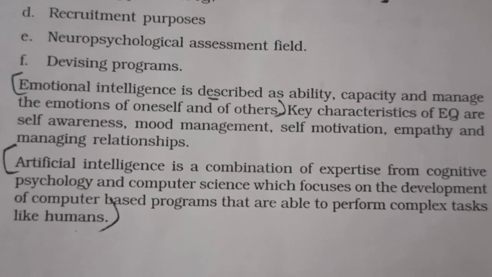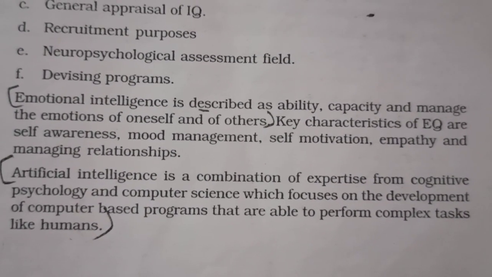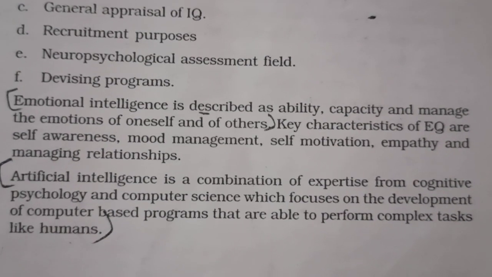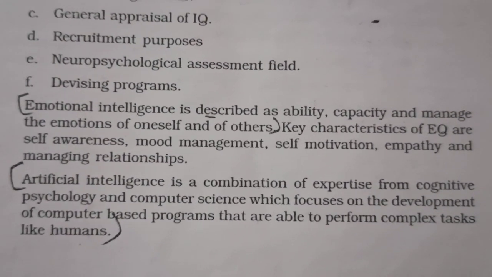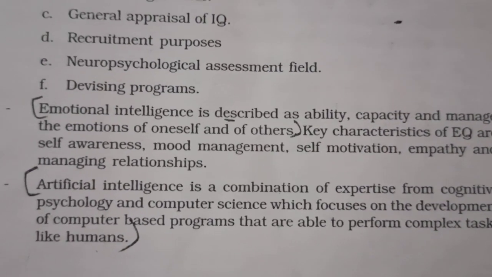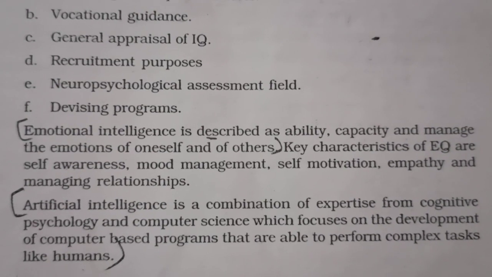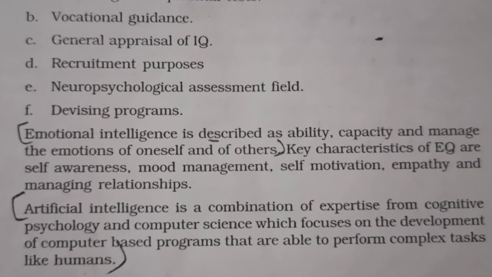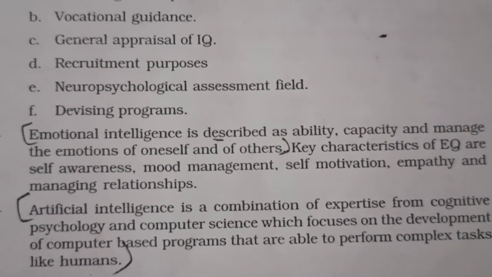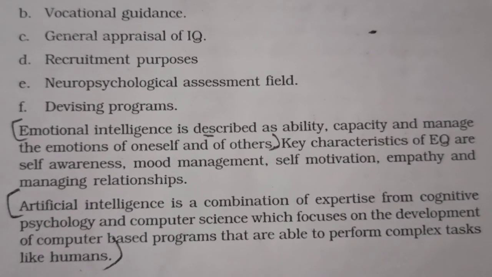Emotional intelligence is described as the ability and capacity to manage the emotions of oneself and others. It is where you are able to understand your own ability and capacity and manage your emotions and others'. When you are able to understand and manage the ability, character, or behavior of others, that is called emotional intelligence.